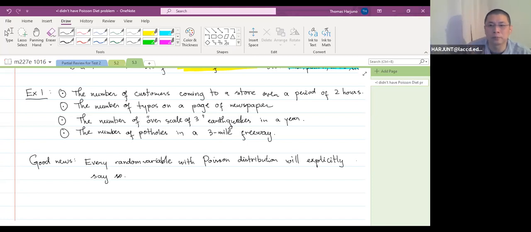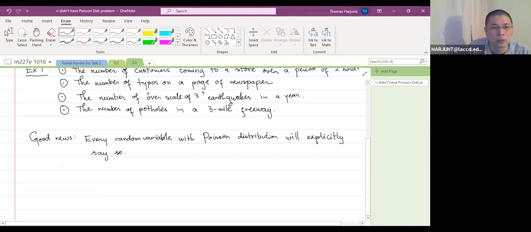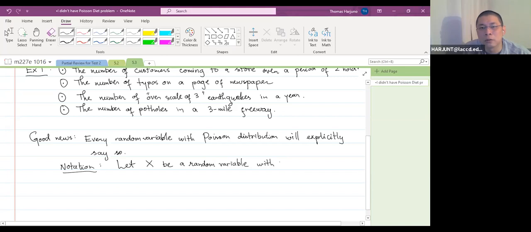Okay, notation. Let X be a random variable with the mean mu be Poisson distributed.